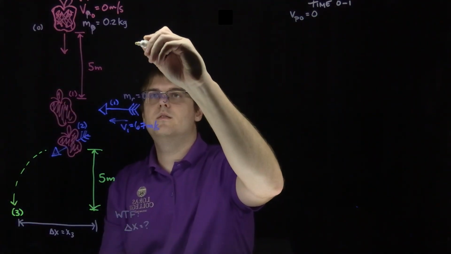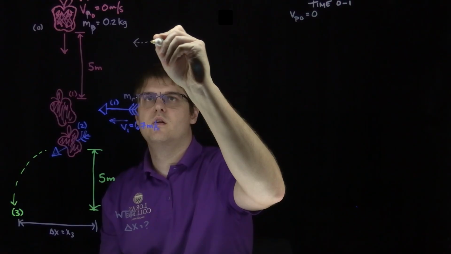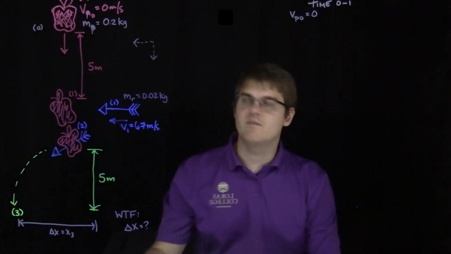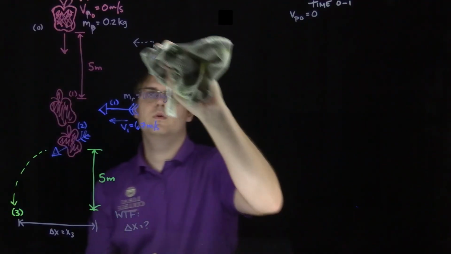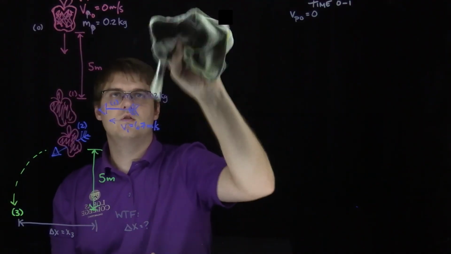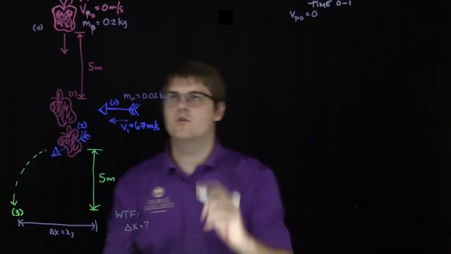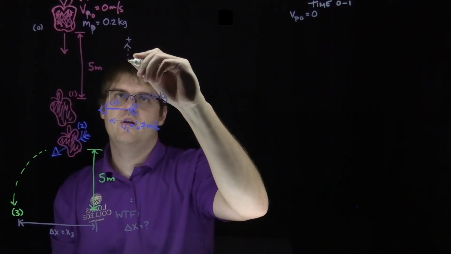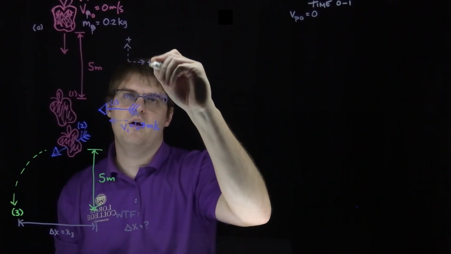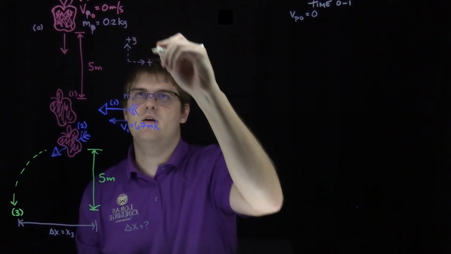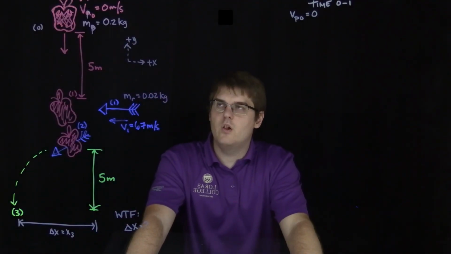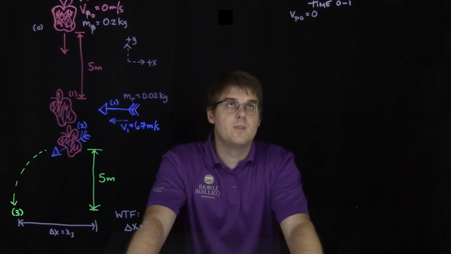Instinctually, I want to call that positive and that positive, but I have a feeling that people are going to dislike that. So we're going to instead call our normal upwards positive and to the right positive. So positive y, positive x. So we follow our normal sign conventions there.